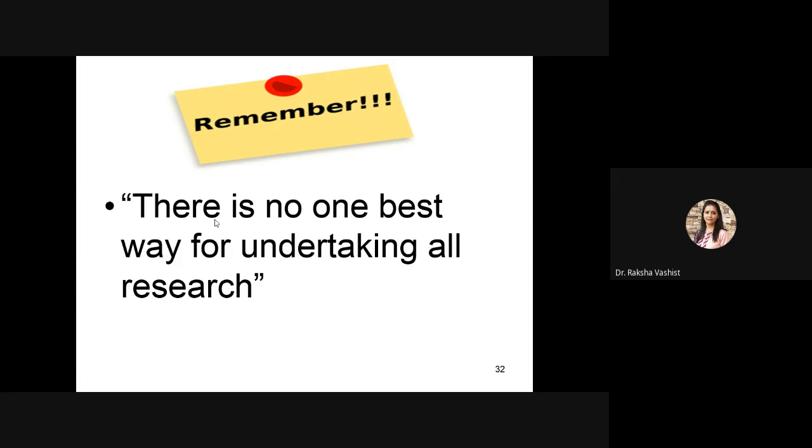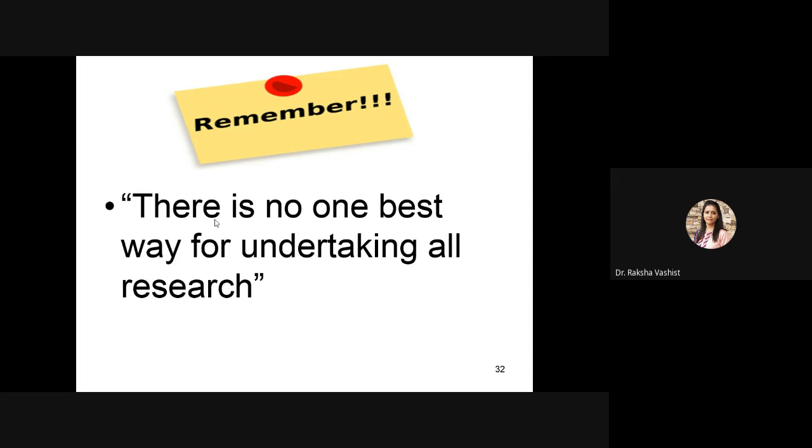Even if you are working on different papers, different research articles, different research projects, every time you will face different challenges, because each research project is different in nature, in terms of resources, time, efforts, ethical consideration, and all other procedural methods. Every research is different, right? So it means that there is no best way for undertaking all research.